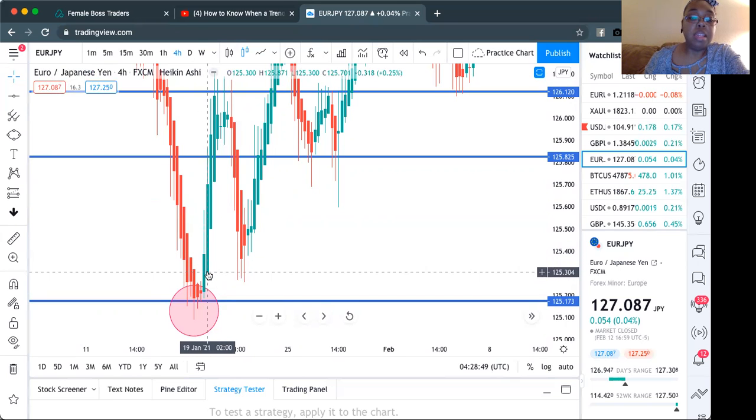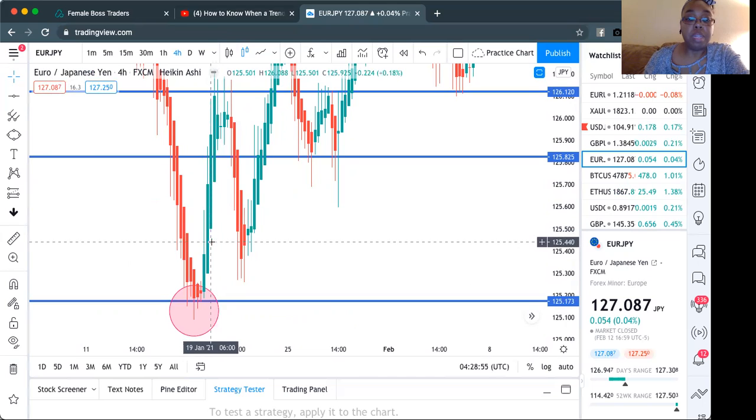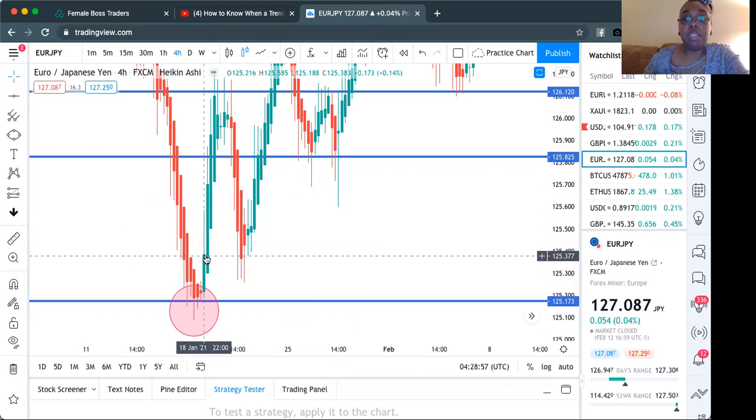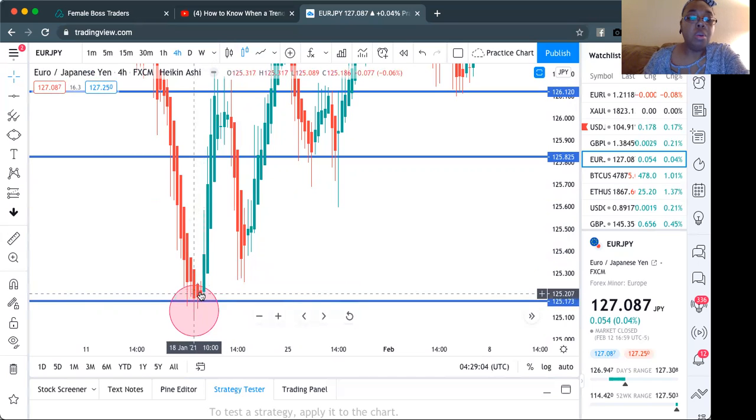But what I wouldn't do is get in until you see your third candle. I get in on my third candle. I don't get in immediately, I just don't do that. Even if you get to see where an uptrend is about to happen, you don't get in right away.